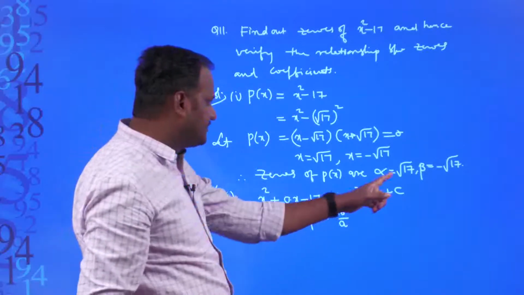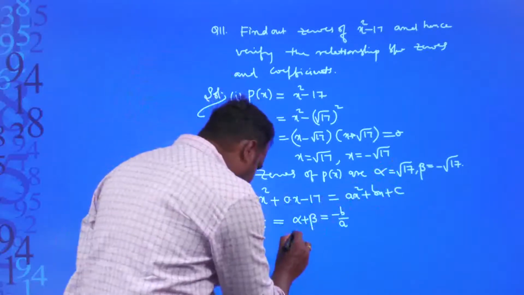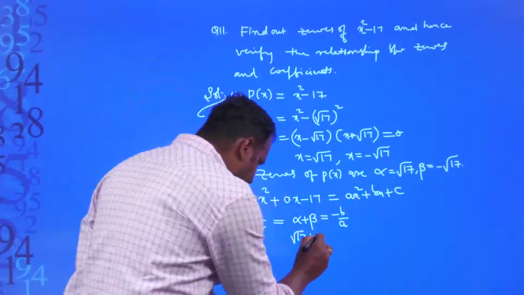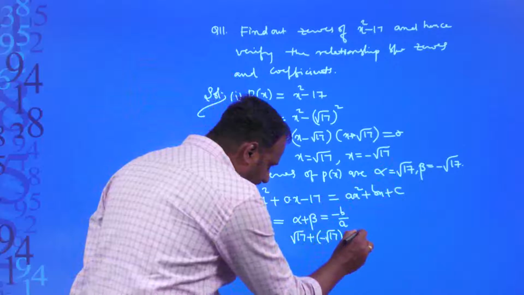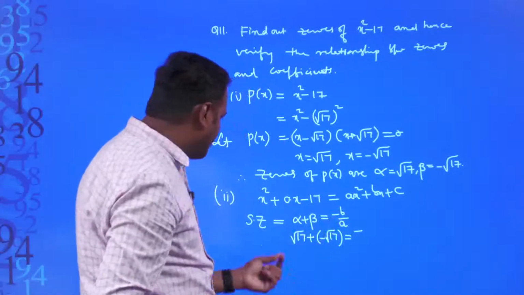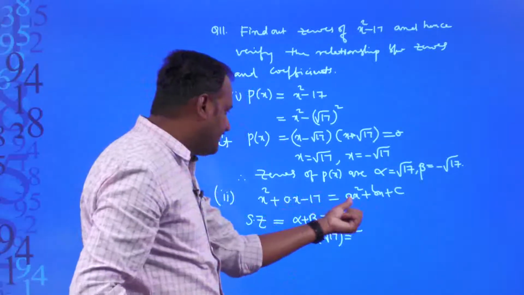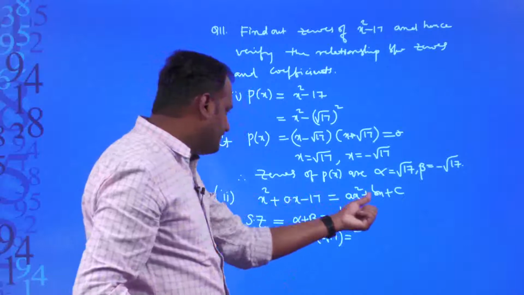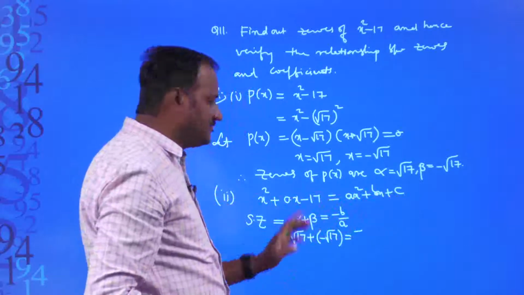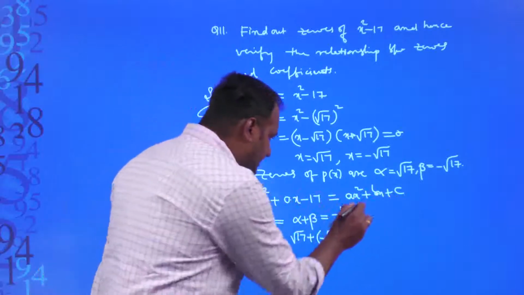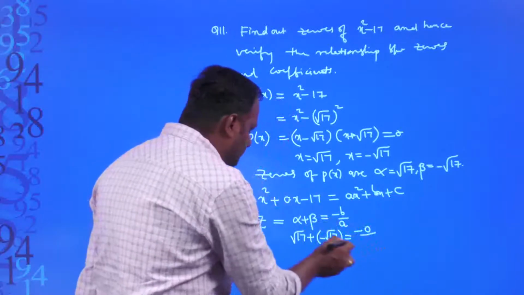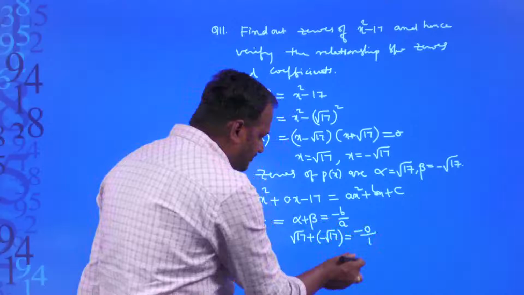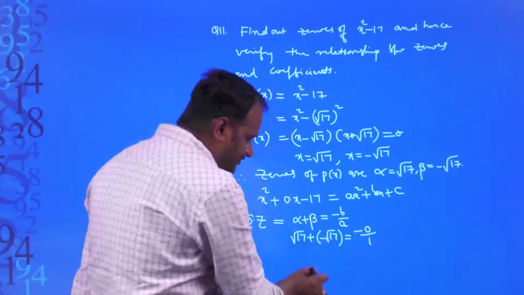The value of alpha is root 17 plus beta is minus root 17, which should be equal to minus the value of b. What is b here? When you compare them, a is equal to 1, b is equal to 0 and c is equal to negative 17. So b is equal to 0. So minus 0 divided by a, which is 1. 0 by anything is equal to 0. But what is root 17 minus root 17?